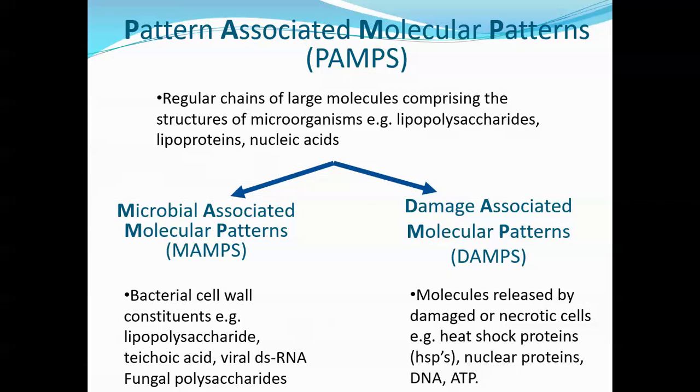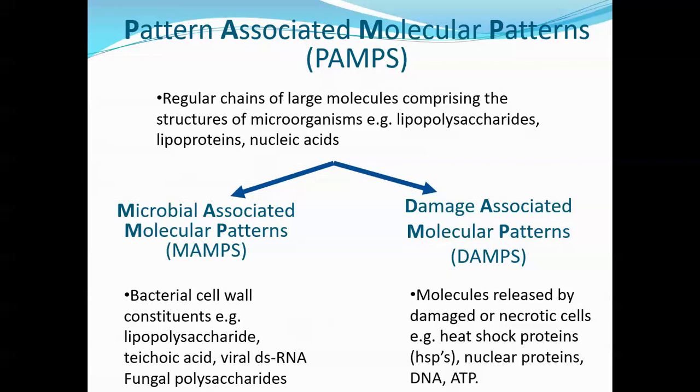So on a bacterial cell, where would you expect to find most lipid, or on any cell? On the cell wall and the membrane, right? And the other thing is that these never vary, because if they did, the bacterial cell wouldn't be viable.